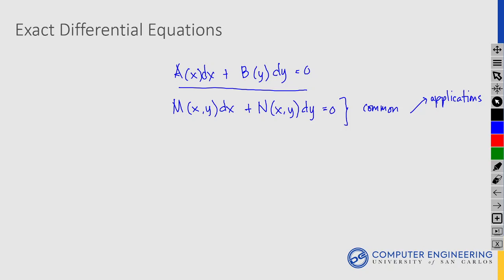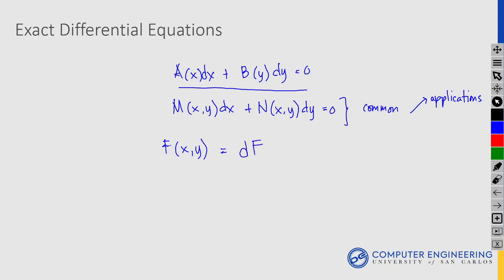Okay, so with that out of the way, the solution, this technique, starts off with an assumption that there exists a function f of x and y, where if you differentiate the function, diba?